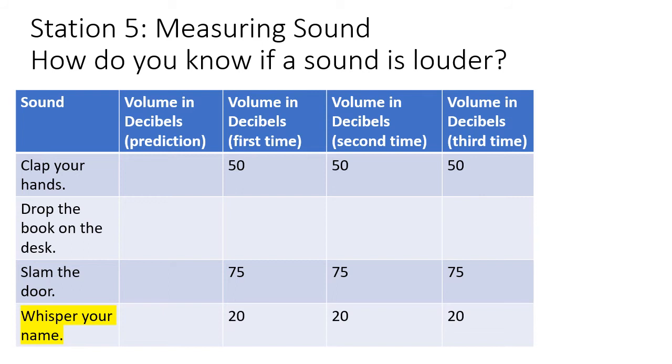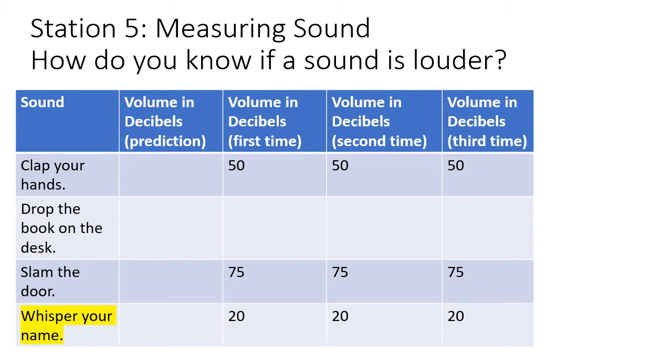We measure sound in decibels, just like we measure length in centimeters, right? Just like we measure force and weight in newtons, just like we measure mass in grams, we measure sound in a unit called decibels.